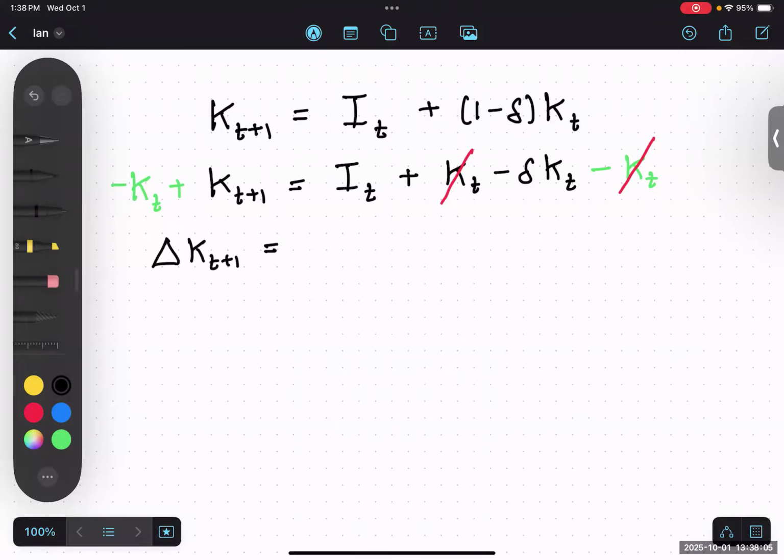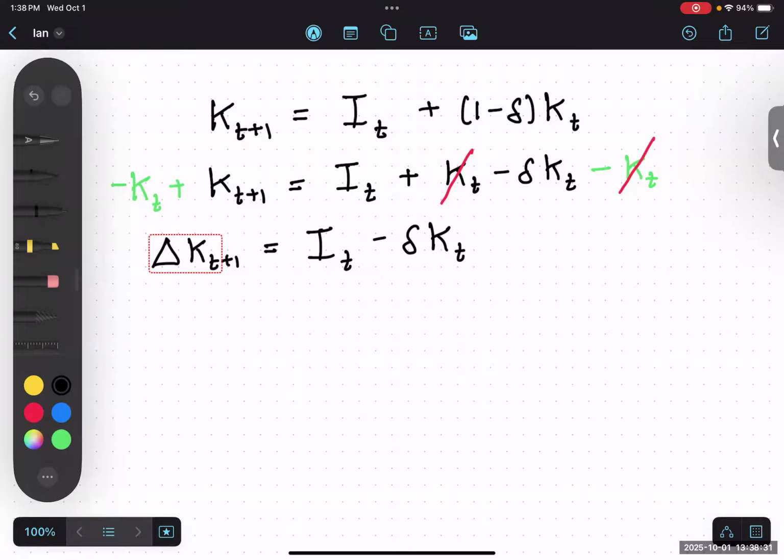And on the right-hand side, the only thing that I have left is investment minus delta K_t. And this is probably the initial and easy step. We just re-express the dynamics of the model by saying how capital stock changes over time.